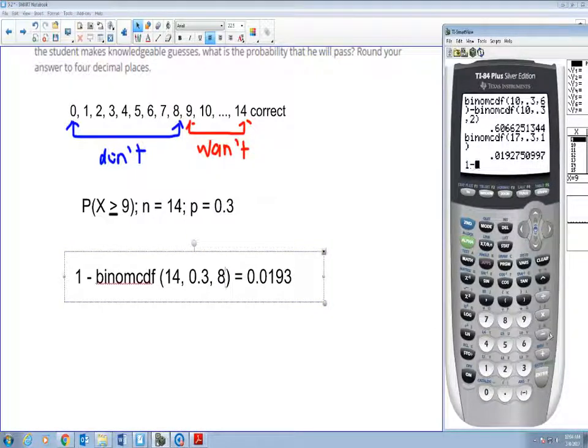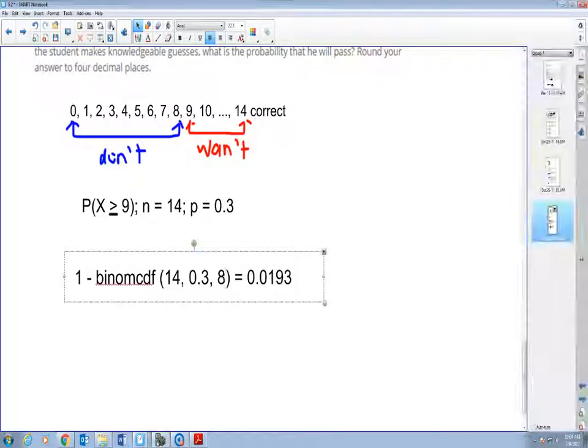So 1 minus binomial CDF, 14, comma, 0.3, comma, 8. The chance for me to guess correctly and get at least 9 or more right is about 0.0083. So that's actually less than a 1% chance to guess at least 9 or more right.